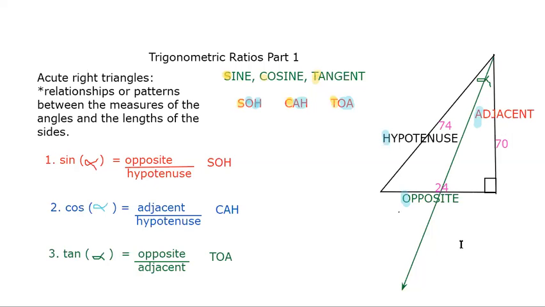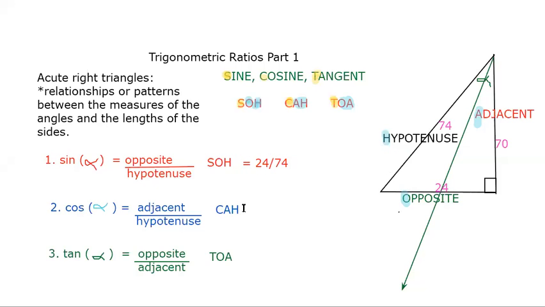So we have 24, 70, and 74 for the measurements of our sides. So if we're speaking about alpha, the sine of alpha would be what? The sine is the opposite over hypotenuse. So this would be 24 divided by 74.